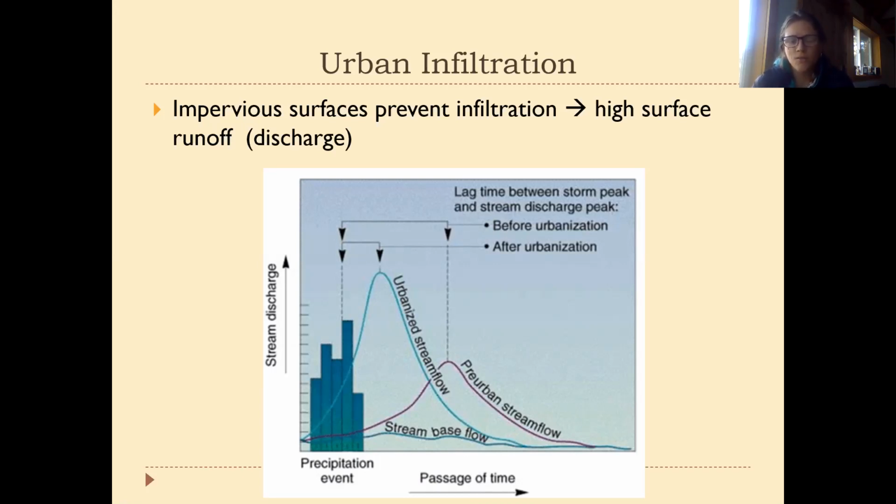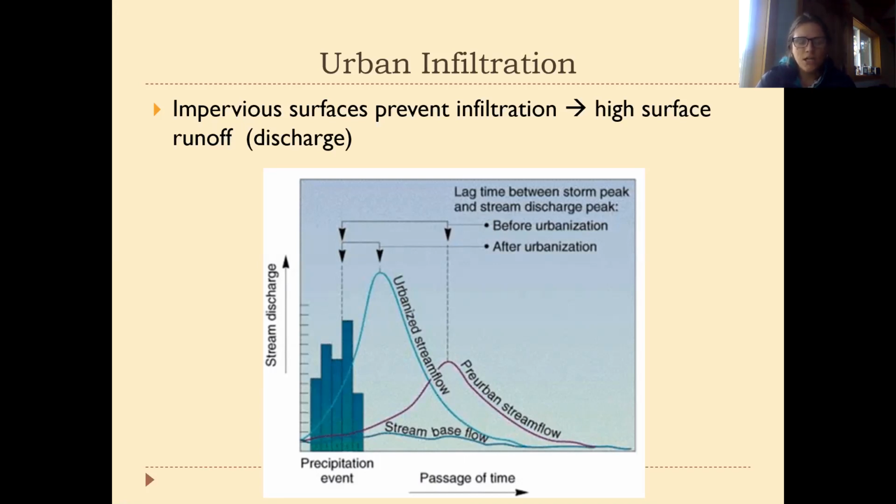And so we replace what were previously pervious surfaces, areas that water could infiltrate, with what are called impervious surfaces, areas like cement that water can't really get down and drain into. And when this happens, then we are, of course, cutting off that soil storage component of our equation and bumping up our discharge component of the equation and getting a lot of runoff really quickly.